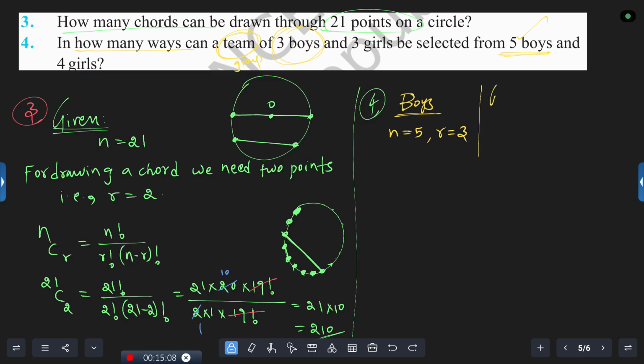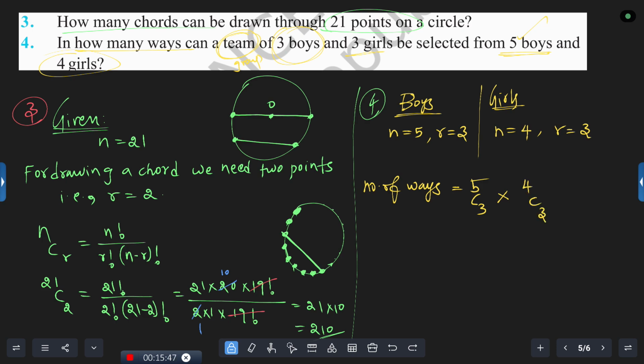Like that for girls. How many girls? Four girls they said. Then from the group of four girls, how many girls are they selecting? That is also three, right? So here also they are selecting three girls. Then they are asking how many ways there are. The number of ways is equal to 5Cr, where r is 3, multiplied by 4C3.